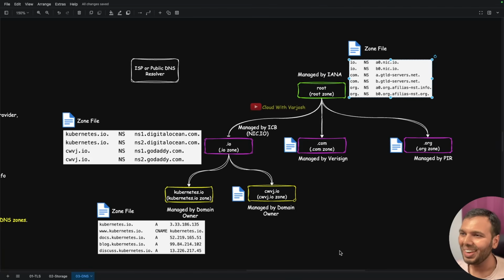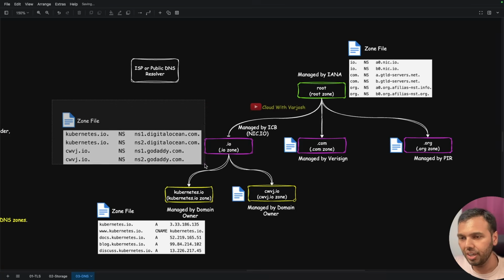It will have the name servers for various TLDs: .io, .com, .org, .edu, and so on. Here you see I am representing .io with just two name servers, but in actuality there could be more name servers handling the .io TLD.